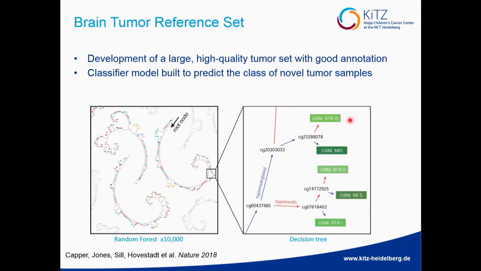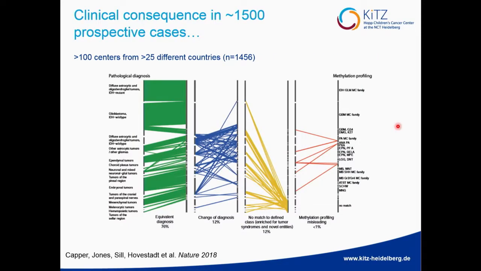And then you can basically come up with a scoring system that of these 10,000 decisions, so and so many percent vote for one class. And this is arbitrary at this stage, but we basically decided if we get something that is 90% consistent for one individual class of these 80 classes, then we would call it a robust call and report it as a robust classification for this particular tumor.